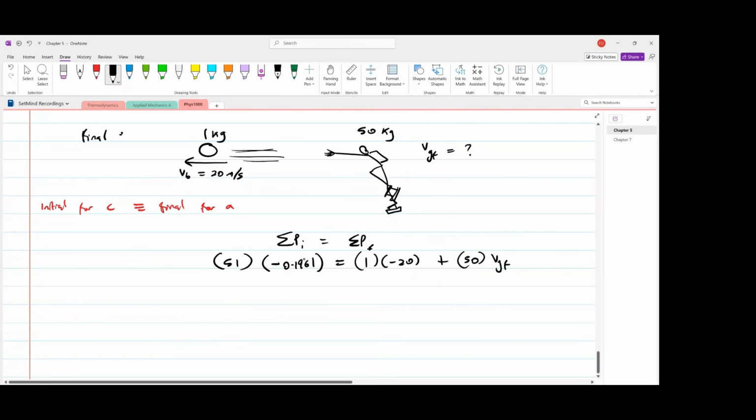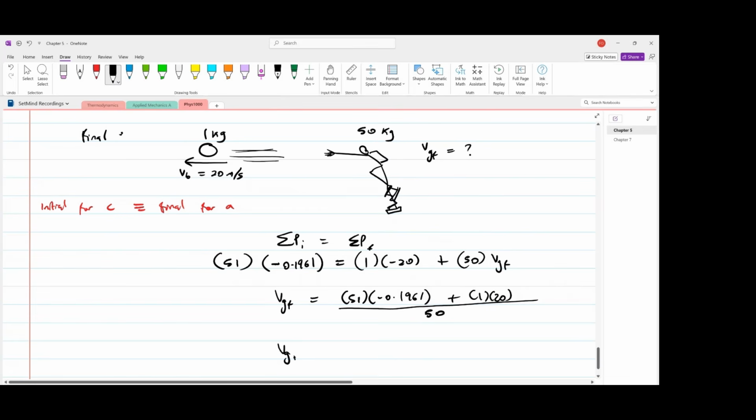Okay. So now she's no longer starting from rest. So there is an initial momentum, right? So VGF, if we rearrange, is going to be 51 times minus 0.1961 plus 1 times 20. So that negative 20 becomes a plus, divided by 50, right?